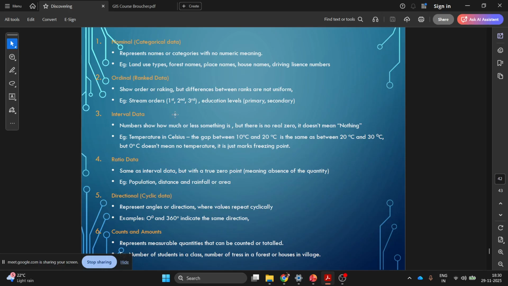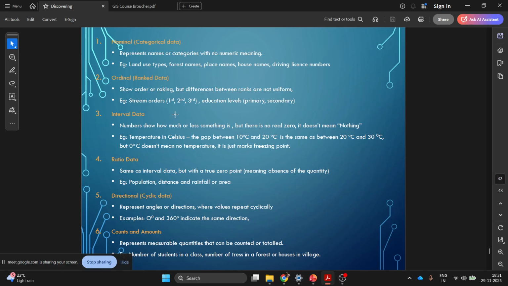Another one is interval data. The number shows how much or how less something is, but there is no real zero; zero doesn't mean nothing. For example, temperature in a particular place, temperature in Celsius.